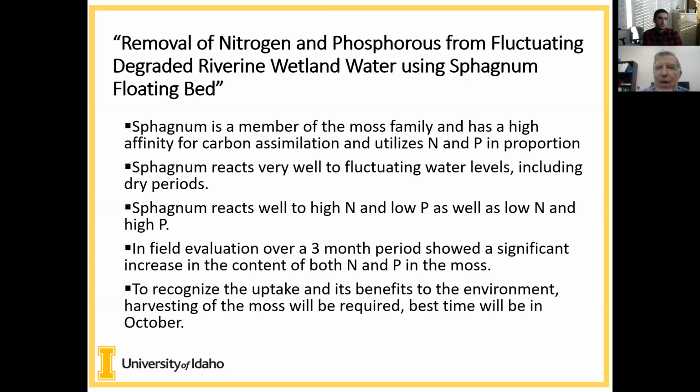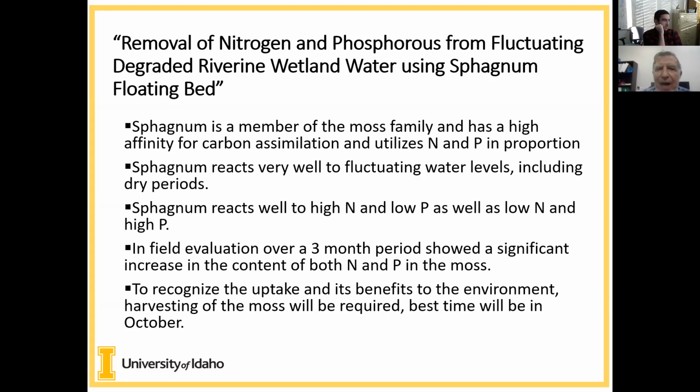Sphagnum reacts very well to fluctuating water levels, including dry periods, which makes it very handy in some places where you have high water through initial rain, and then you go for periods of time in drought.